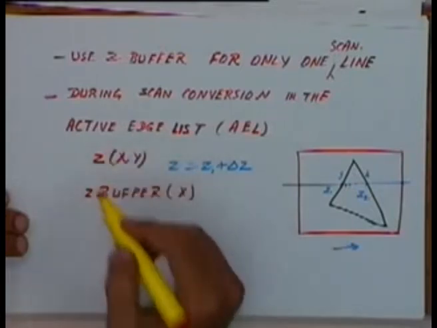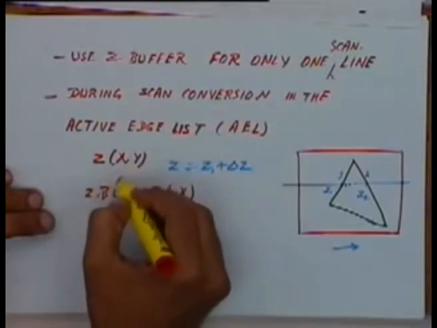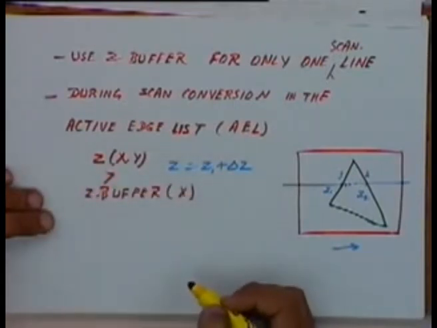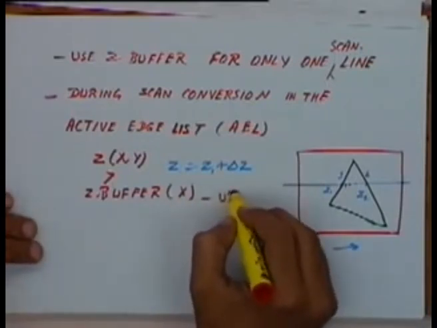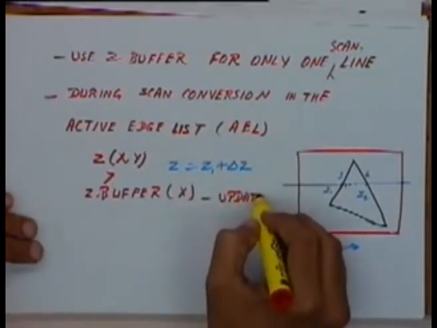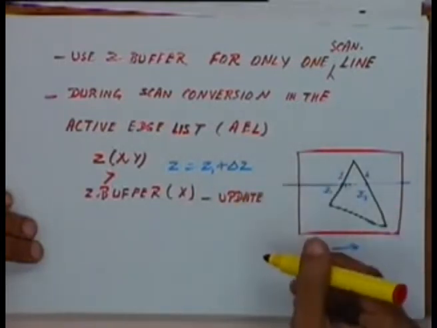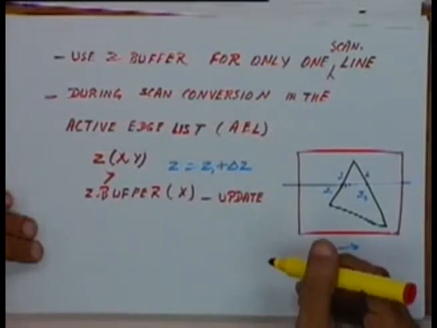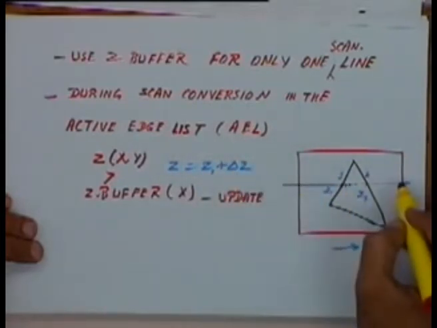We will compare these two, and if z of x, y is greater than this, then we will update both the Z buffer as well as the frame buffer. And this process will be completed for all the polygons at this scan line.